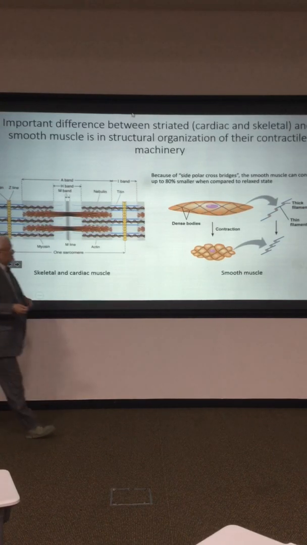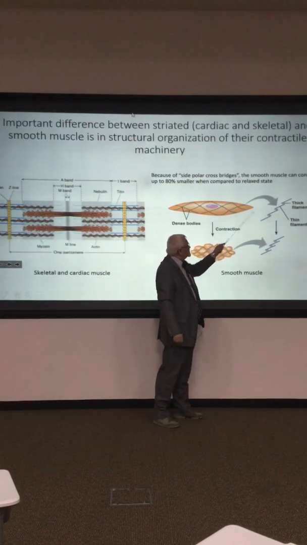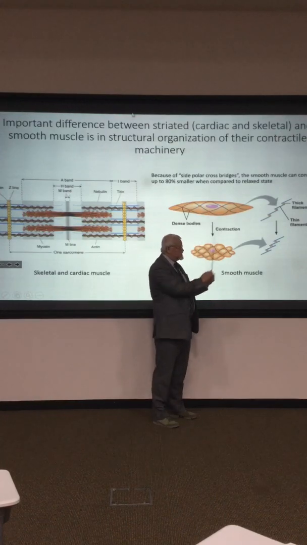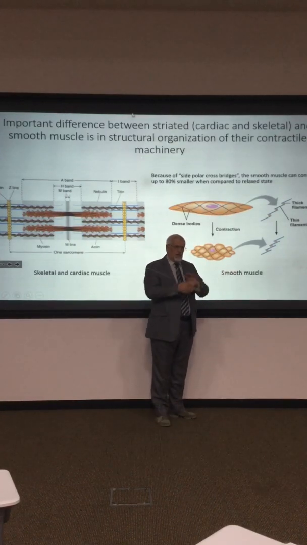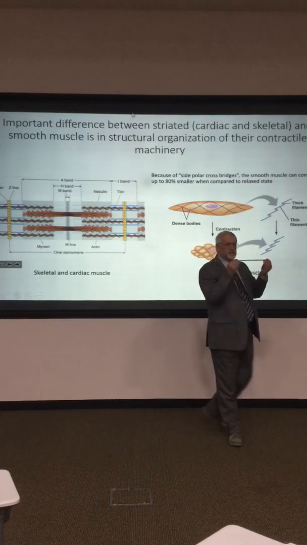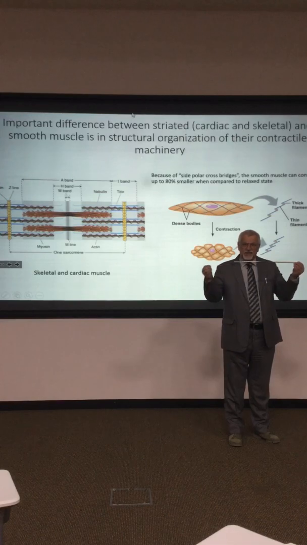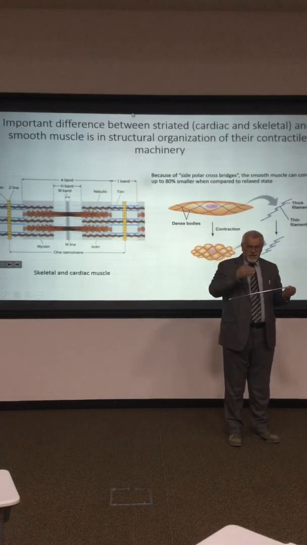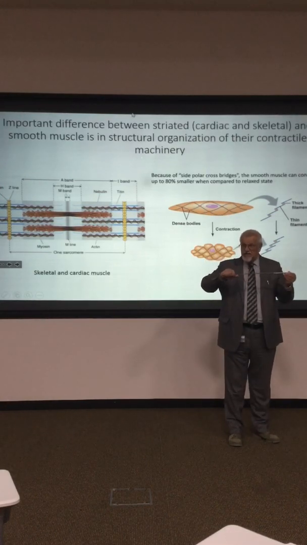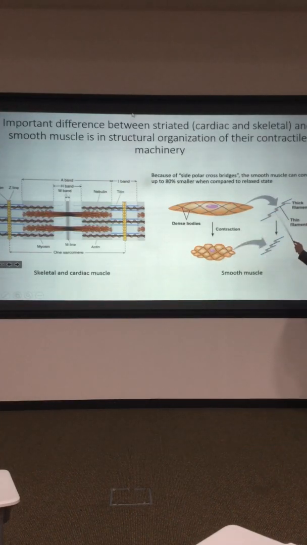And the additional bonus of this type of arrangement is that if you leave that muscle untouched, unloaded, as it is, at rest, it will assume a certain length and it will stay at that length. If you apply a little bit of force, of course you will measure some kind of resistance, but that resistance goes away. Why? Because of rearrangements here.